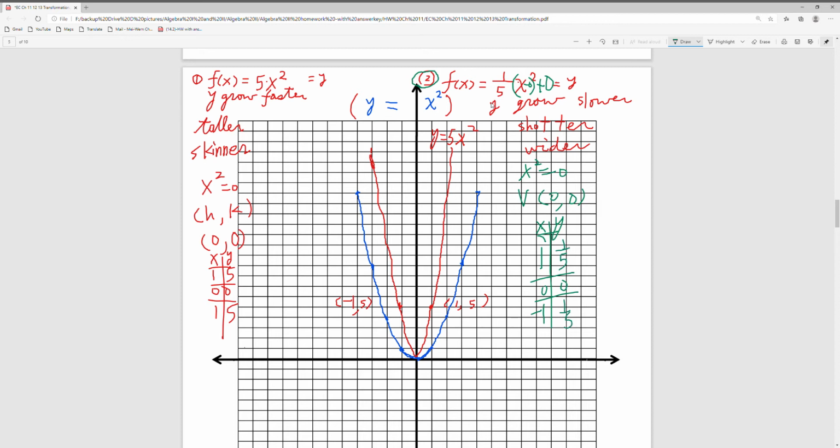So you have 1/5, which is a very small number. So you have 1, 1 fifth, negative 1, 1 fifth. Because this number is too small, I think I better have 2 more points. How about let's try 2, and negative 2.